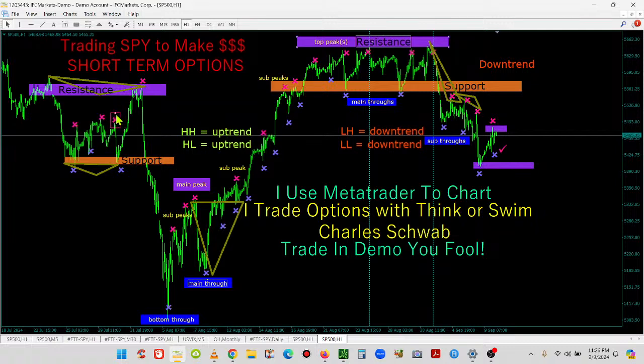Okay. You see what's up? We have resistance right here. And it looks like it is going to go up, does it not? It looks like we have a higher low, right? A higher low equals uptrend. Oh my goodness, what is going on?